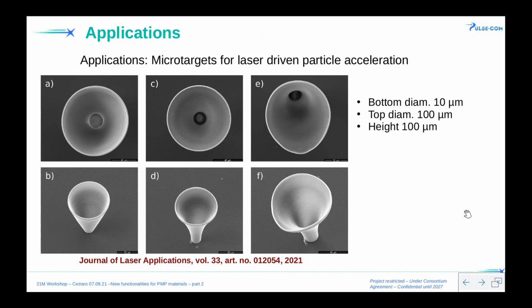It's going to act like a metal-like surface, reflect the electromagnetic field and focus it right here on the top. The height is 100 microns, the top diameter is 100 microns as well, and the bottom one is 10 micrometers. This one has a parabolic shape wall.